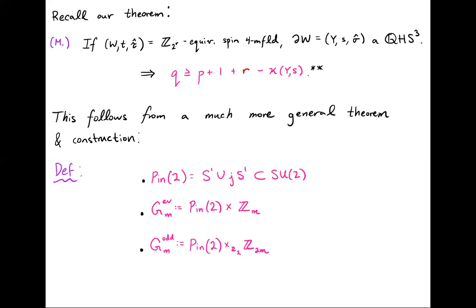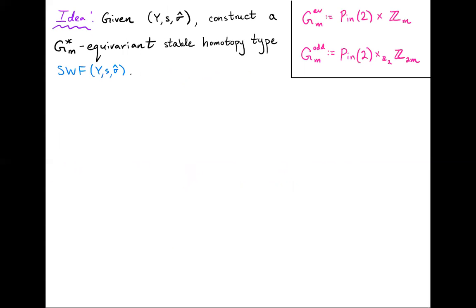You can think of these as two different Zm extensions of Pin2. So they're just groups to keep in mind. The idea is that given such a triple and an equivariant rational homology 3-sphere, we can construct a G star m equivariant stable homotopy type SWF of Y, s, sigma hat, where the star is either even or odd depending on the parity of sigma hat.